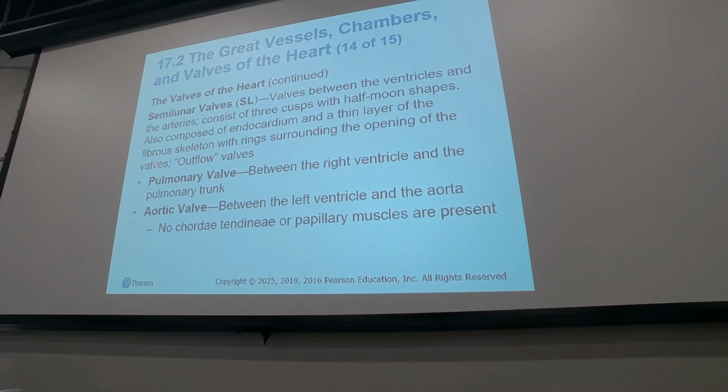Semilunar valves. Each of them normally has 3 leaflets. They look like a half moon shape, and there is a reason for this.